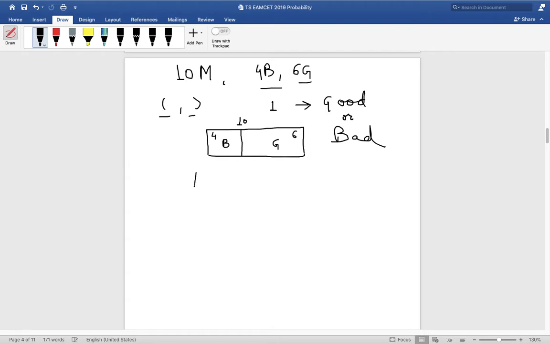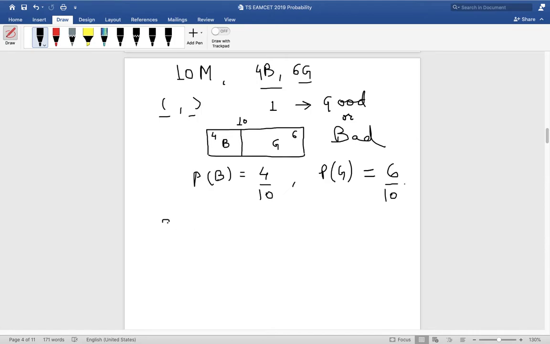So probability of choosing a bad mango will be 4 by 10 and probability of getting a good mango would be what? 6 by 10, because out of the 10 mangoes 4 are bad and 6 are good. If I choose one mango out of it, the probability that it will be good will be 6 by 10 and the probability that it will be bad will be 4 by 10.